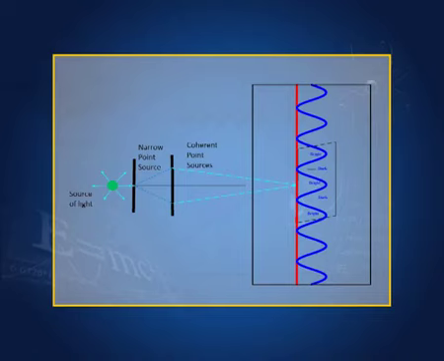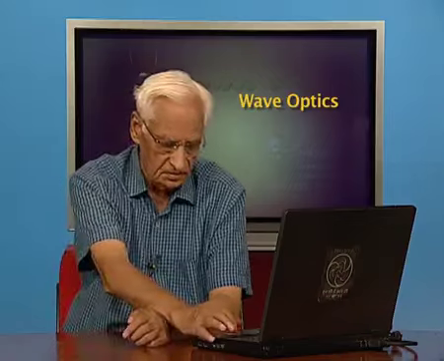Up to this point, say the center of the screen, the light from these two coherent sources is travelling the same distance. Therefore, they are in phase, and you have a bright fringe here, because there is constructive interference.